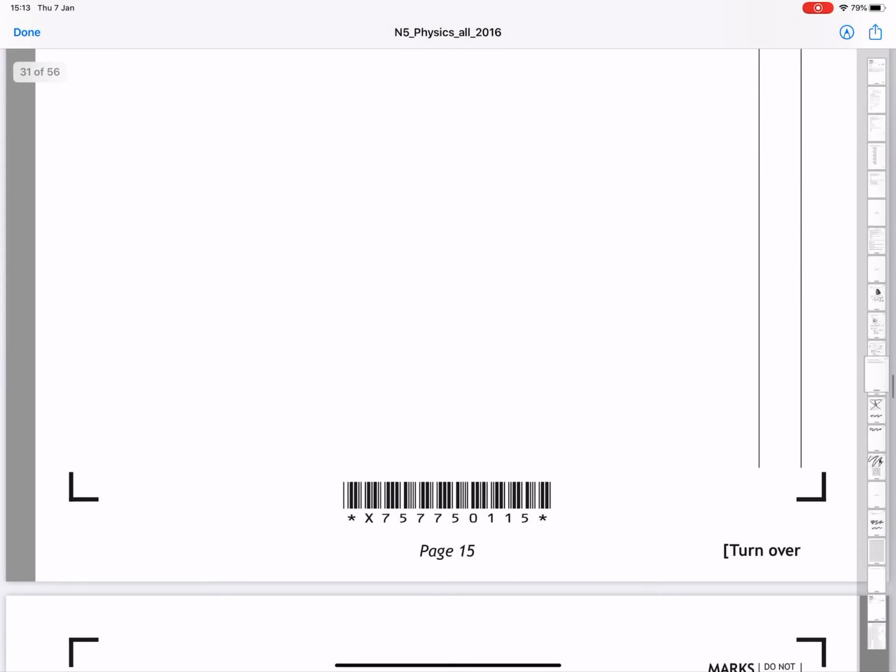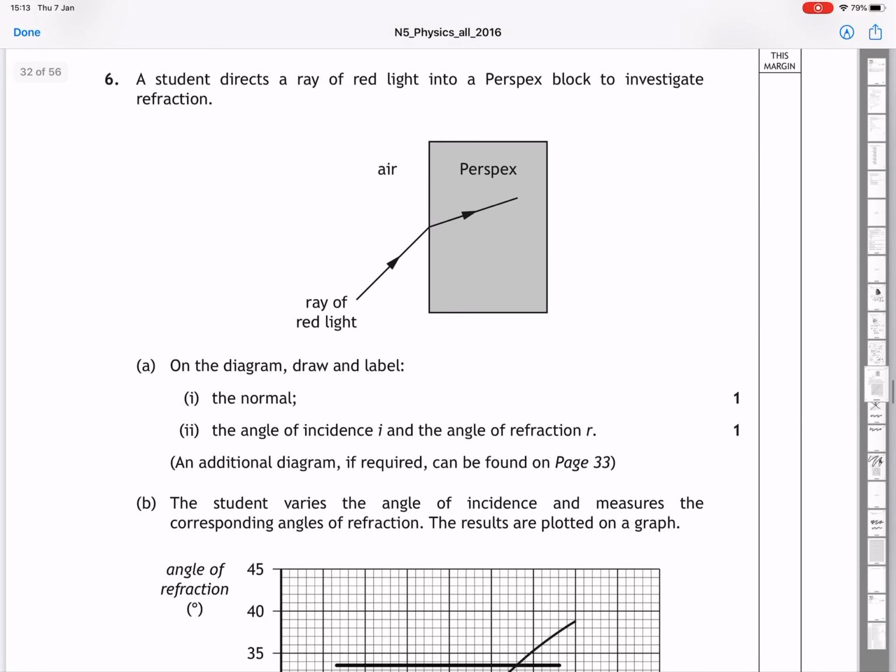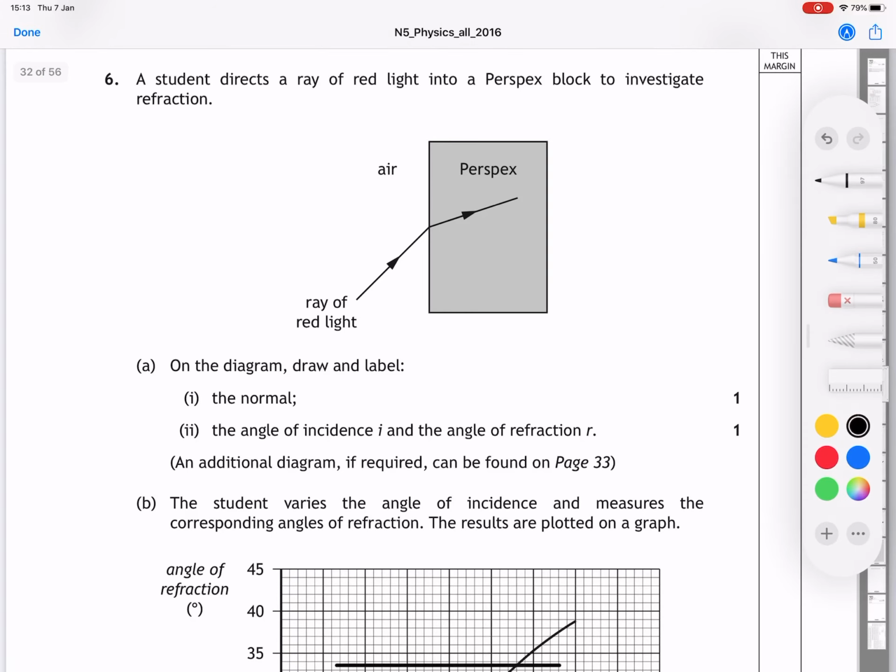Number 5 you couldn't do. Number 6, you had to draw on the normal. Remember, the normal is at right angles. So that's your normal there. Make sure you did the dashed line and you labelled it to get the 1 mark.